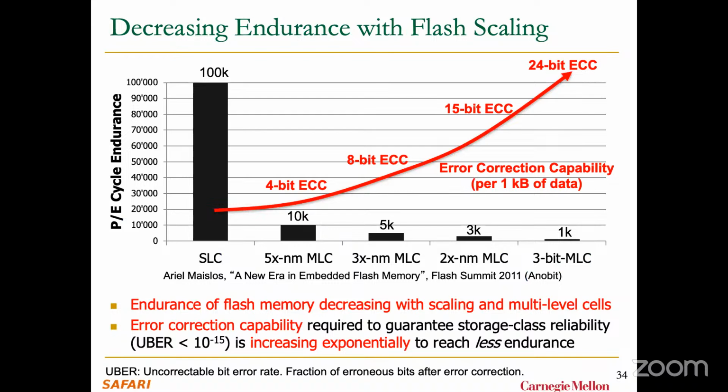So the endurance of flash, by scaling, you can see is reducing kind of exponentially. And at the same time, you need to add more error correction code to tolerate these errors.